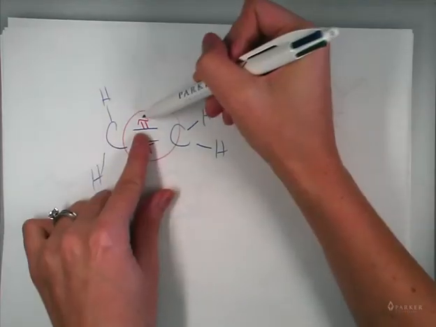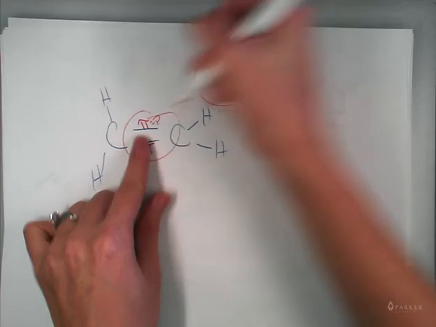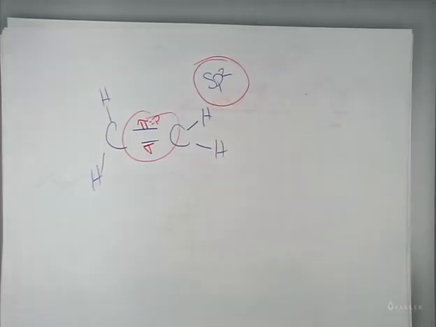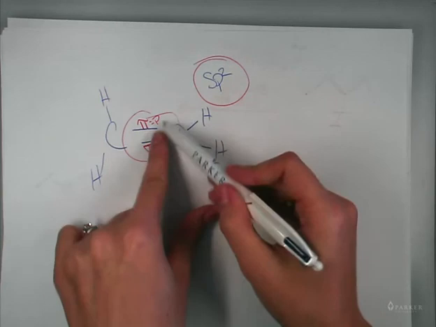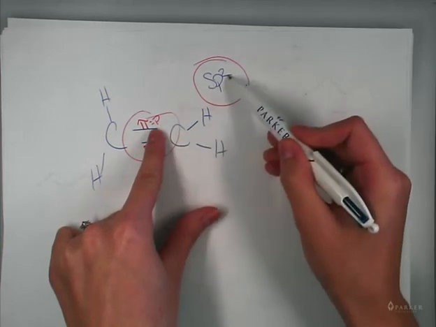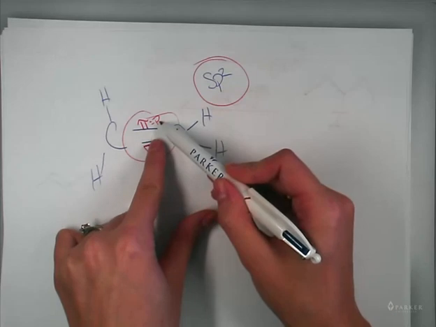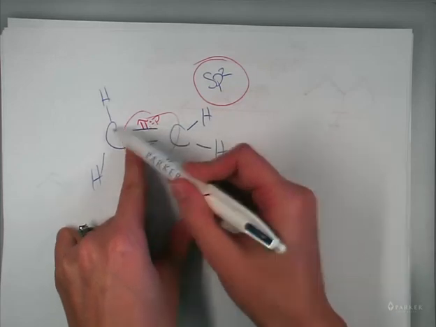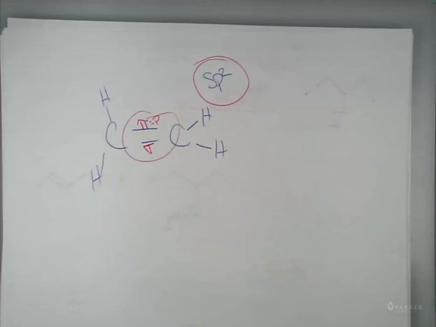Now a pi bond is made only from a p orbital. Okay, it's not hybridized or anything. So you have a p orbital or a hybridized sp2 orbital. Okay, so the pi bond is always going to be a little weaker. So that's the bond that actually reacts.